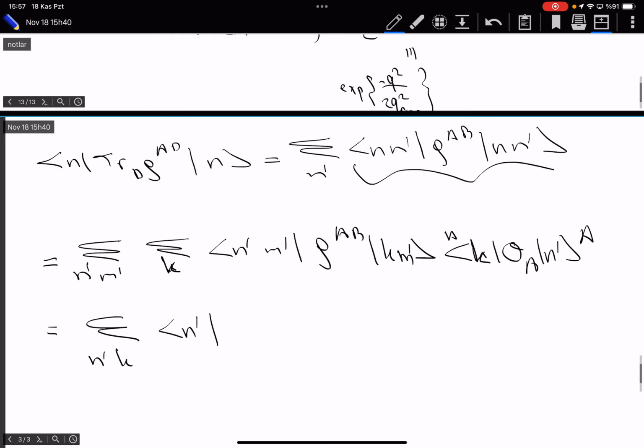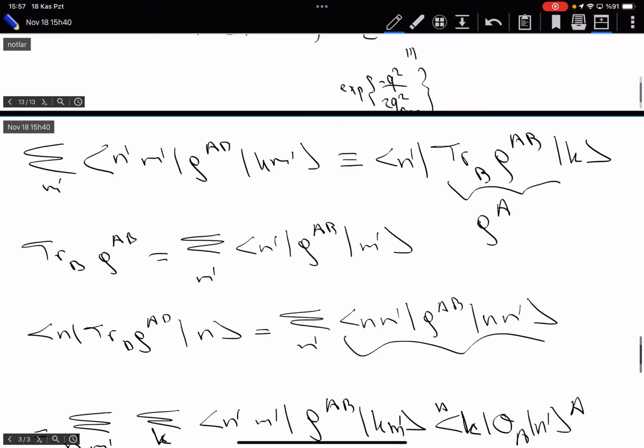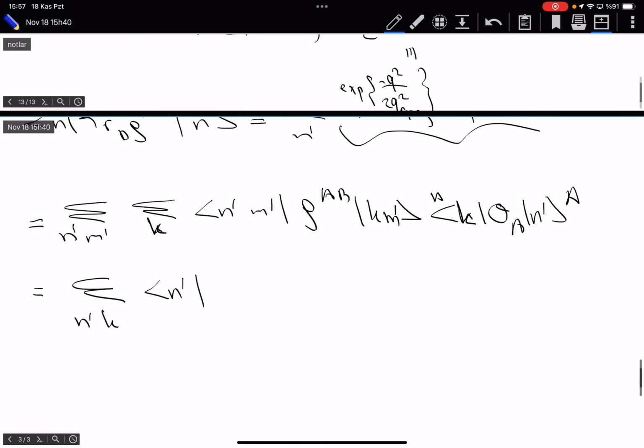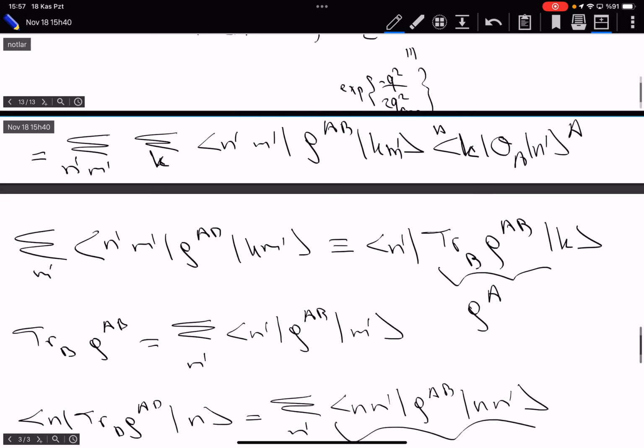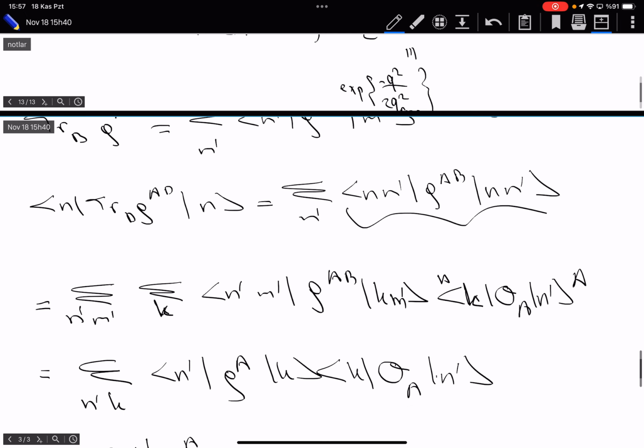Well, the sum over n prime is what I will call rho A, K, K, O_A, n prime. Well, which is nothing but n prime rho A, m prime.